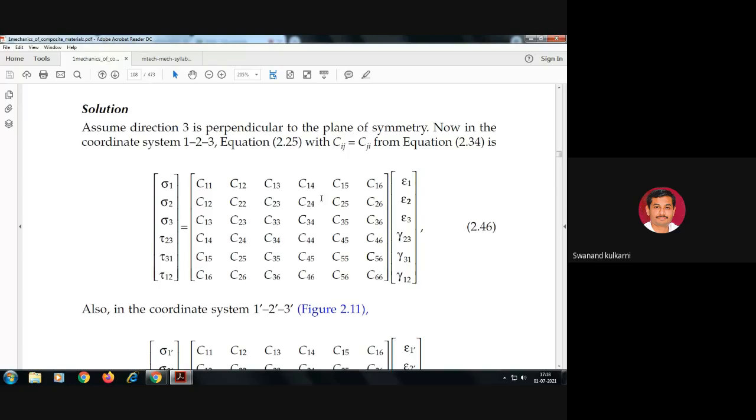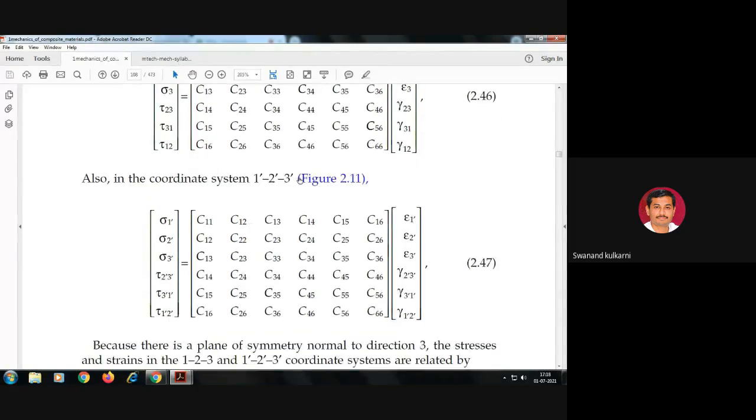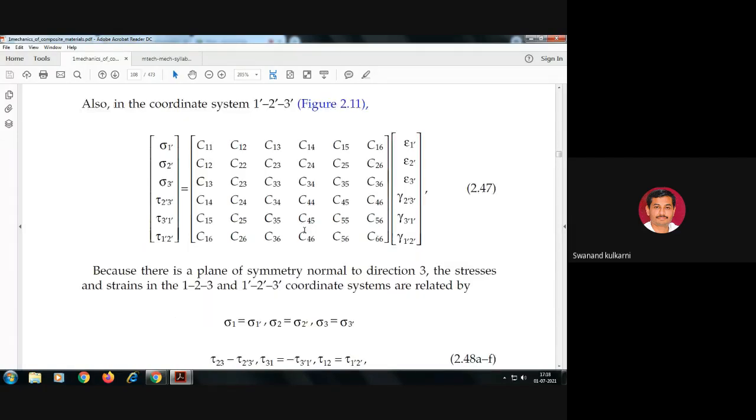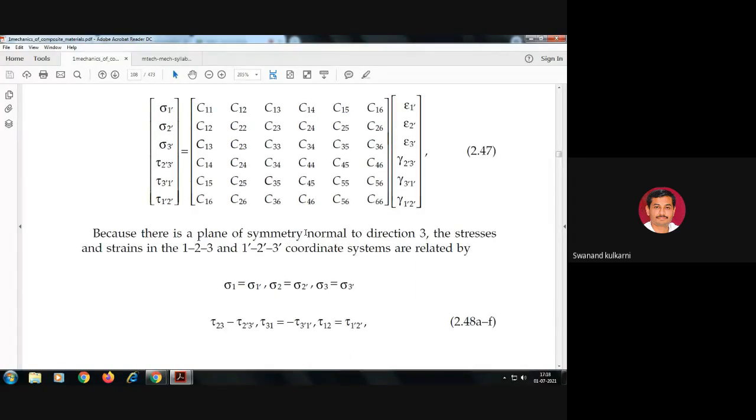Some of the constants, for example 1 4 equal to 4 1, 1 5 equal to 5 1, get converted like this. So homogeneity is the parameter due to which anisotropic material needs 21, monoclinic 13, orthotropic 9, transversely isotropic 5, and isotropic 2 independent elastic constants.